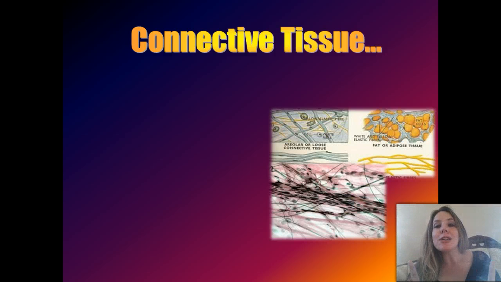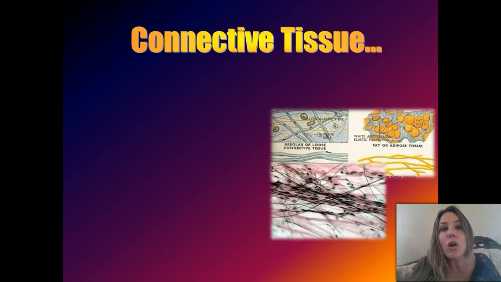Right now we're going to go over CT, that is connective tissue. Now, connective tissue gets even more complicated than epithelial tissue. There are so many subcategories and subdivisions, but we're going to try to break it down.